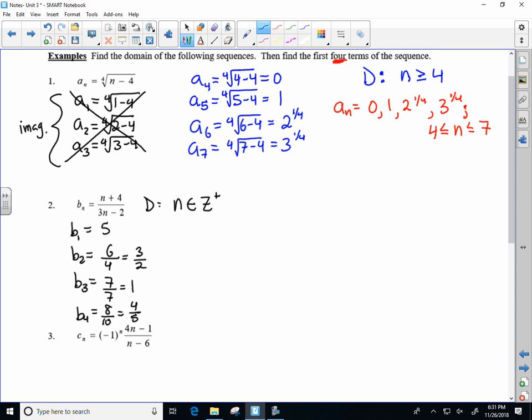Accomplished the goal, it looks like. Now, what I would say here, if I wanted to write it in the other form, I would say B sub n would give us the sequence of 5, 3/2, 1, 4/5, specifically if n is between 1 and 4.